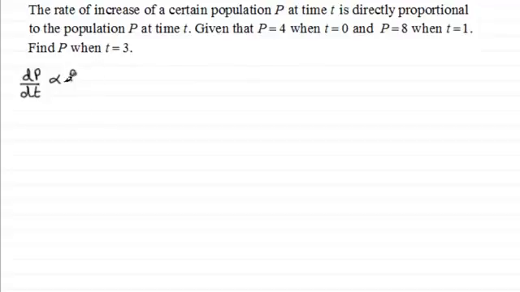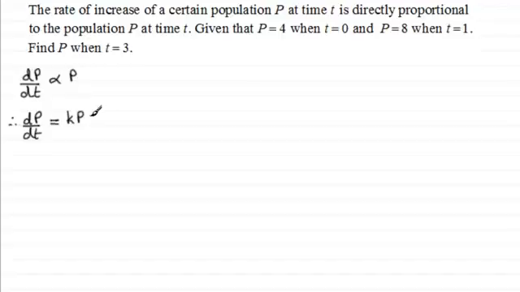Now when we have proportion, we need to change this to an equal sign and involve a constant. And so we would change this to dP by dt equals a constant, let's call it k, times the population P.